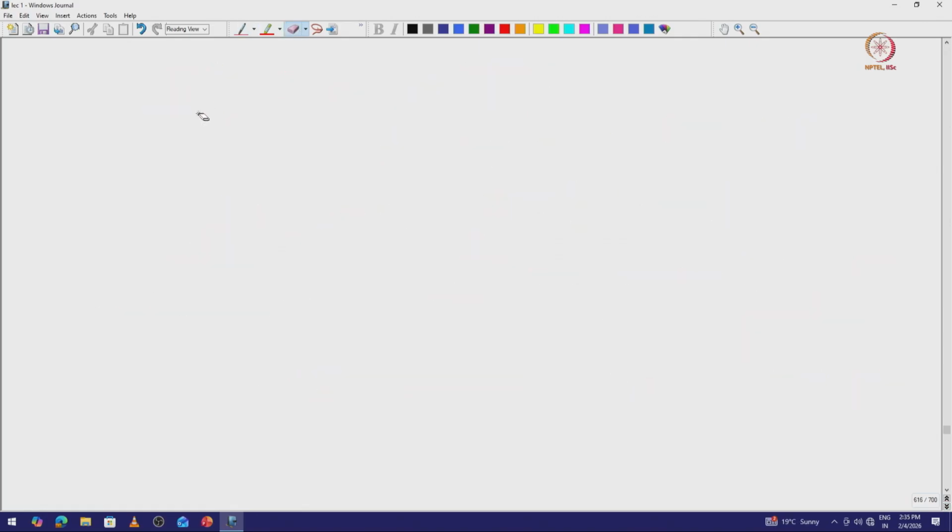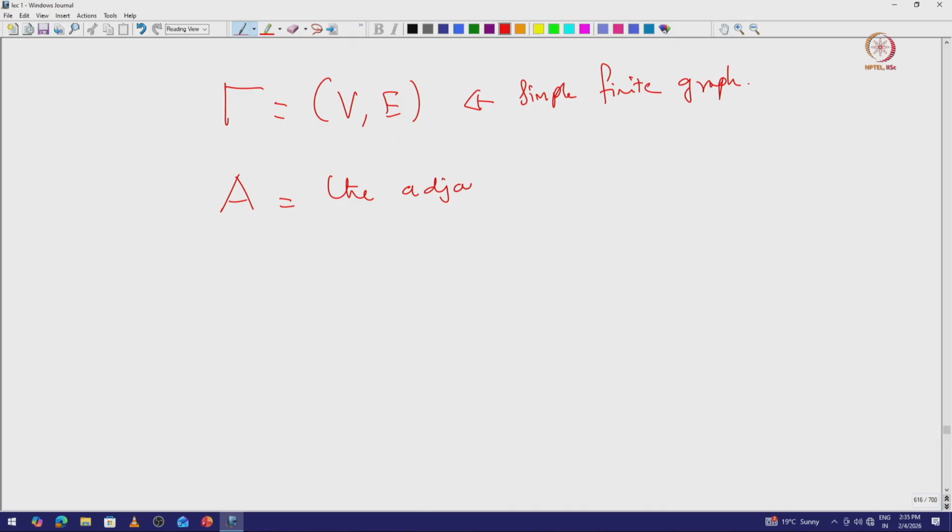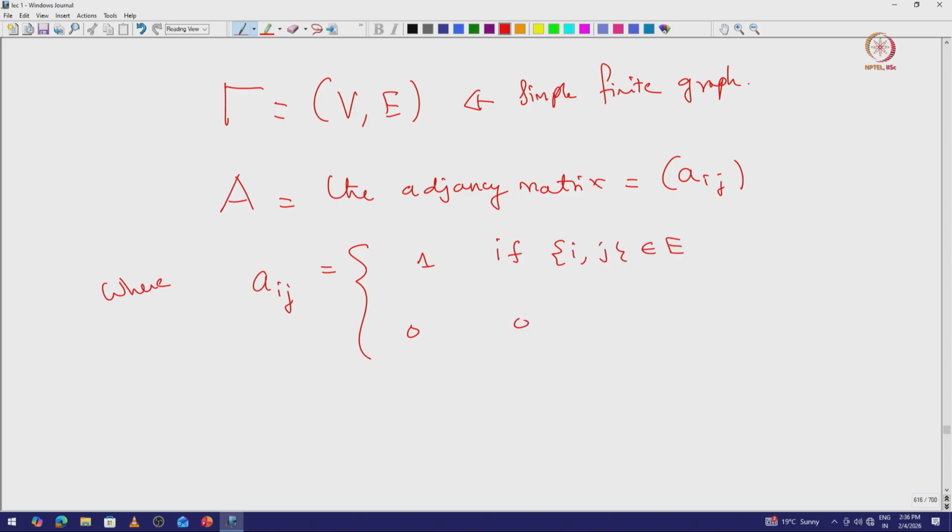So, given gamma, a simple finite graph, we define the adjacency matrix, which we call capital A. Let us denote Aij to be its ijth entry. It is either 1 or 0 depending upon whether there is an edge or not. If ij is an edge, then it is 1, otherwise the ijth entry is 0.